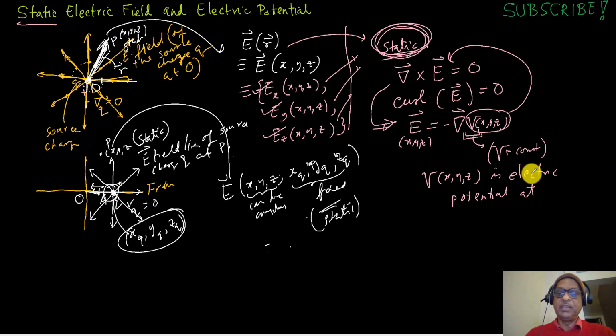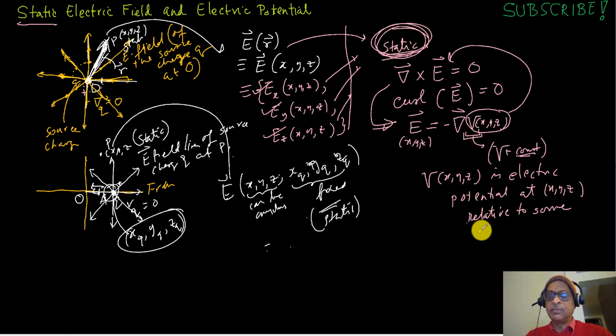at, say, point P at x, y, z. Because this is a constant, its value is relative to some constant reference, say V0 at some reference point.